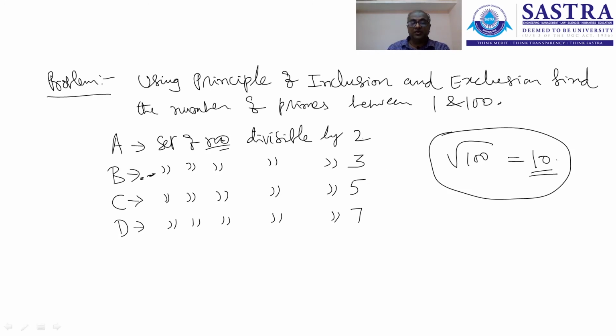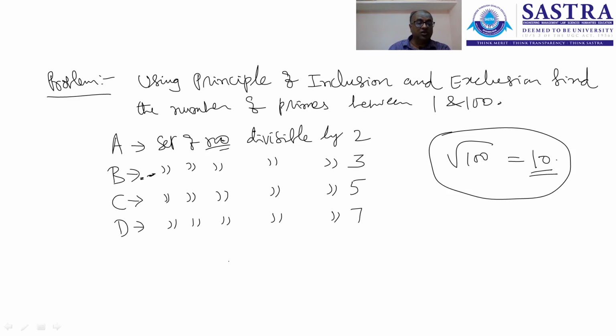So now I remove these multiples of 2, 3, 5 and 7, so that I get the numbers which are not divisible by these 4 numbers, and therefore there is a chance that those numbers would be the prime numbers. So this is the process that I am going to use here. So now I have 4 sets.